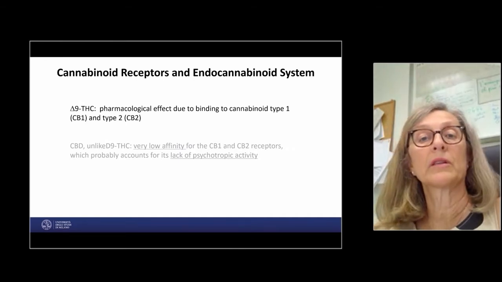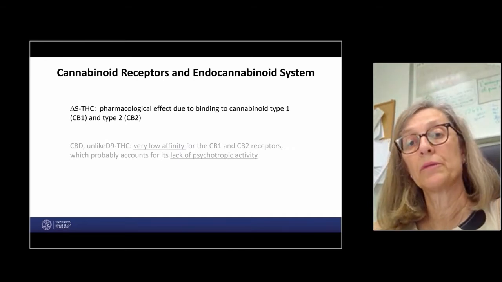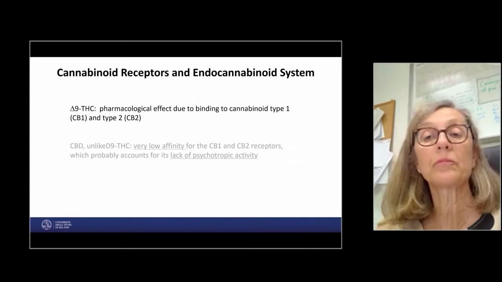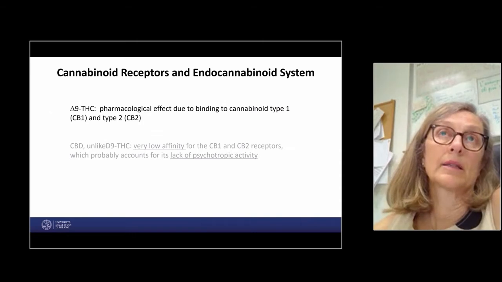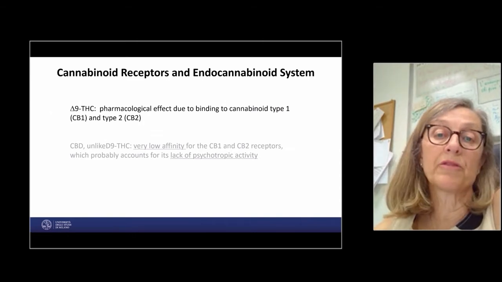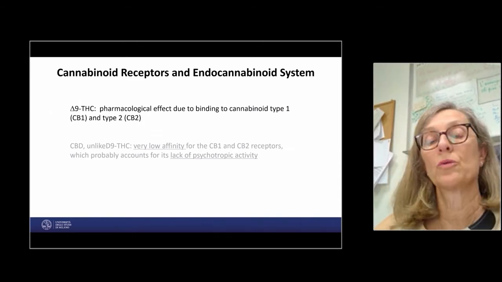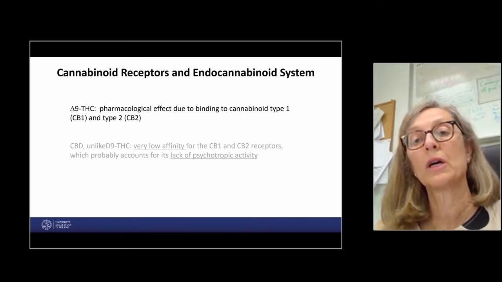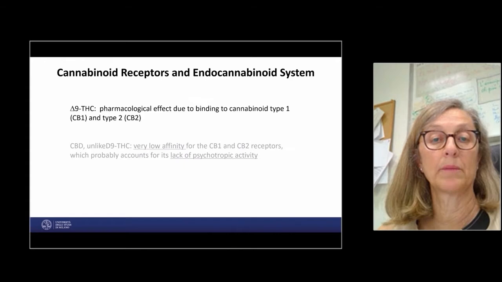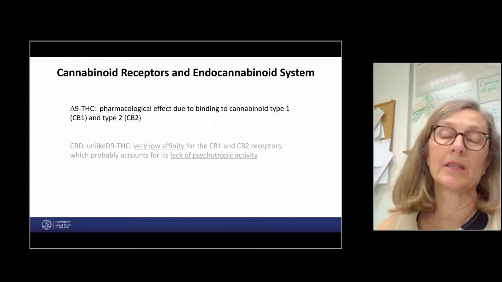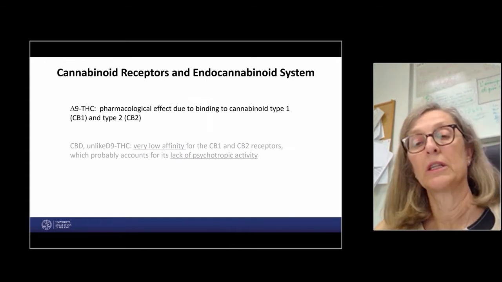What we have on the market, and why we use this kind of product. We have the endocannabinoid system with its receptors, and THC has pharmacological effects due to binding to the cannabinoid receptors. There are two types of cannabinoid receptors, type 1 and type 2, and THC has a good affinity to both of them.